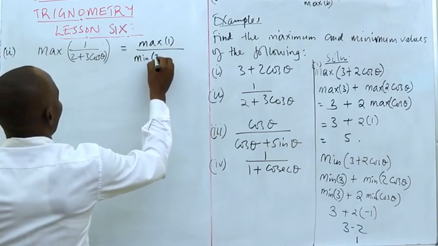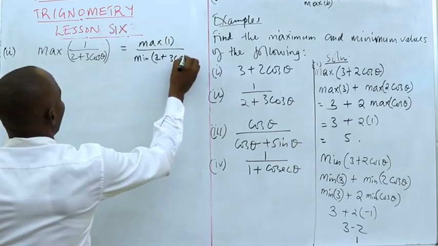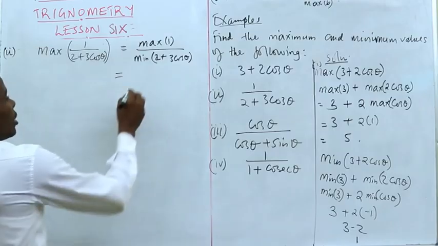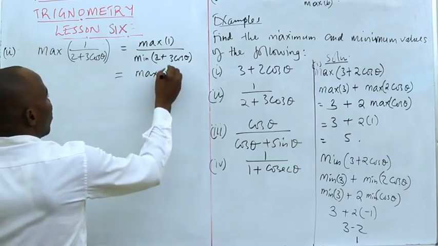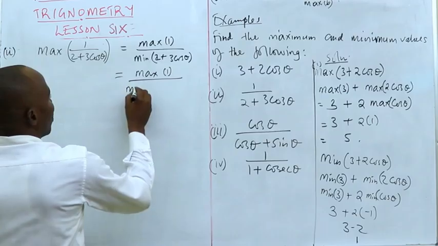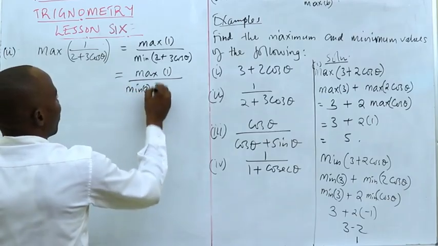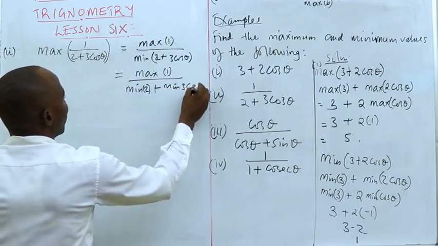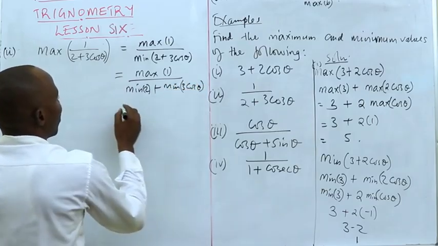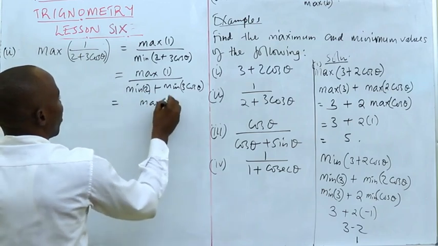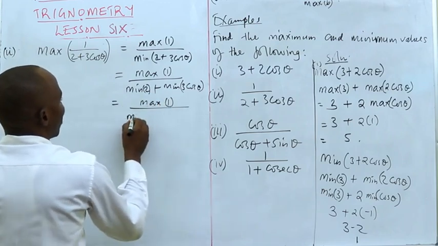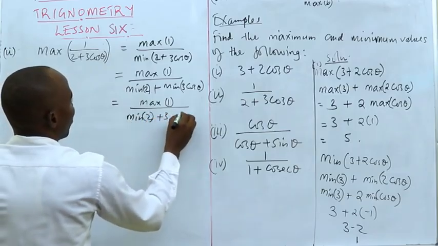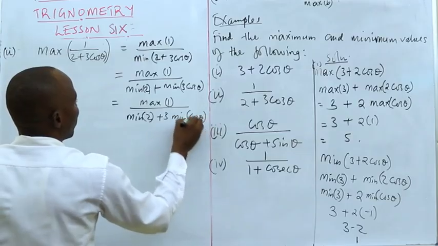We have a sum in the denominator. So this is the maximum of 1 over the minimum of 2 plus the minimum of 3 cos theta, or the maximum of 1 over the minimum of 2 plus 3 times the minimum of cos theta.